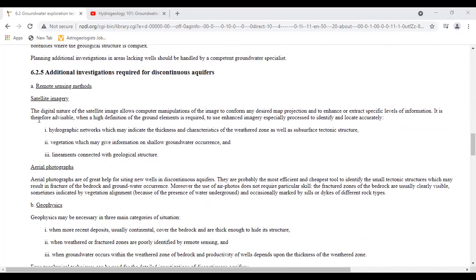The digital nature of satellite images allows computer manipulation of the image to conform to any desired map projection and to enhance or extract specific levels of information. It is therefore advisable, when a high definition of the ground elements is required, to use enhanced imagery, especially processed to identify and locate accurately.